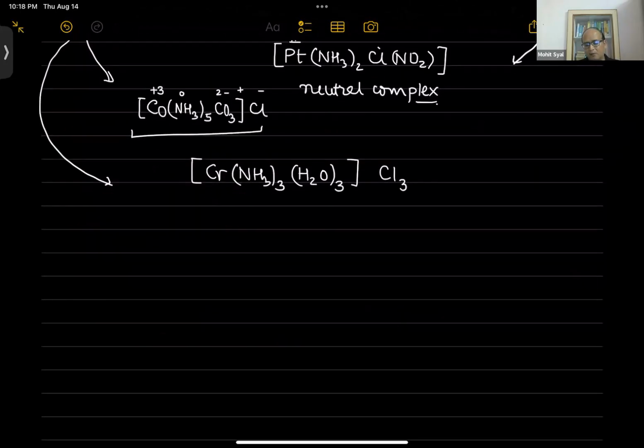So this is how they are asking about the different types of complexes. Let's do another question.